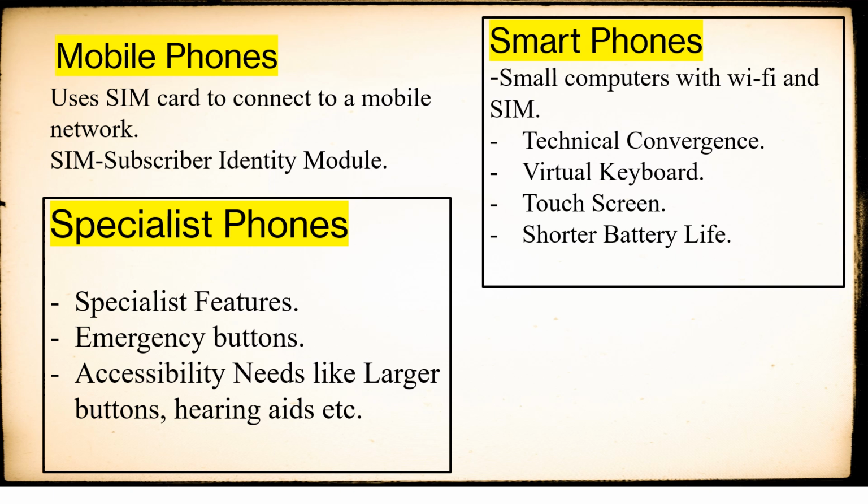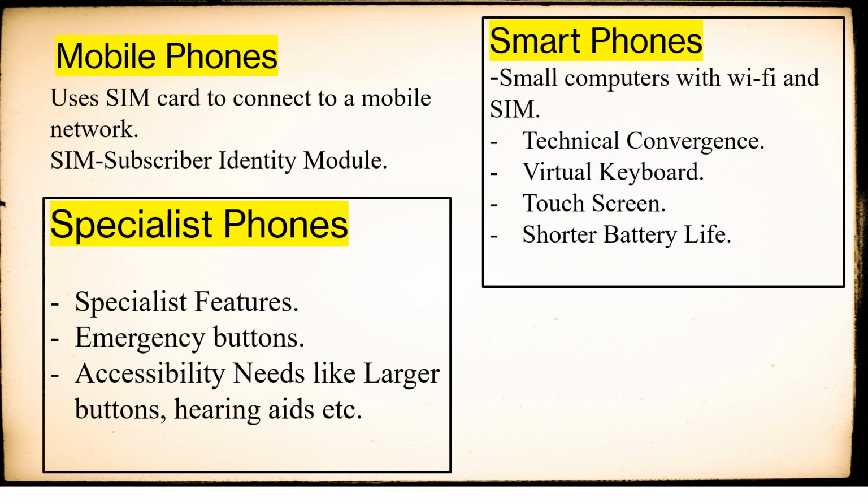For example, I can set the emergency button for, say, 5. I'm setting number 5 to my very close relative as the emergency button. So when I long press 5, the call is automatically forwarded to him. That is one of the features of specialist phones. This emergency button feature is available in normal mobile phones too.